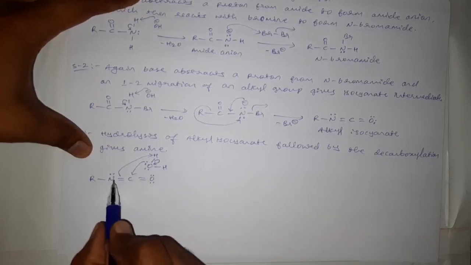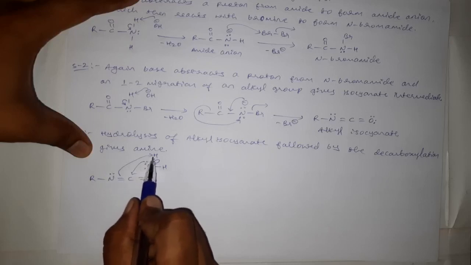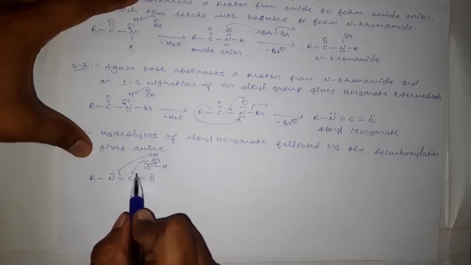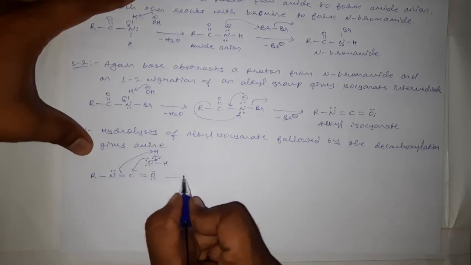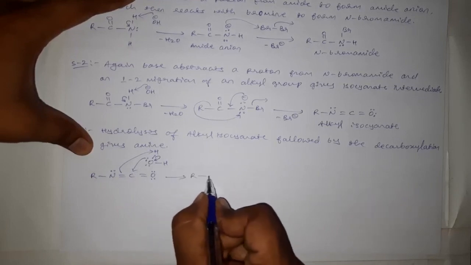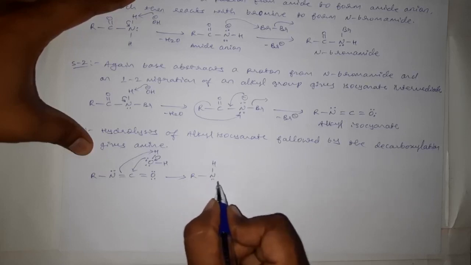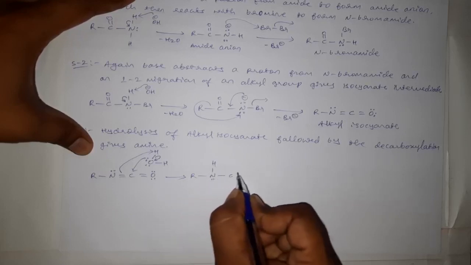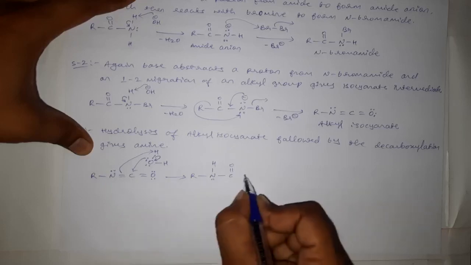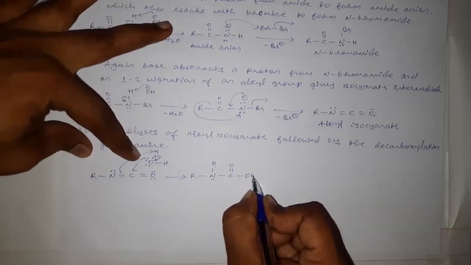Here this nitrogen is bonding to hydrogen, and this oxygen is forming a bond with carbon, and here we will get R N H with a lone pair of electrons, C double bond O, and this OH.